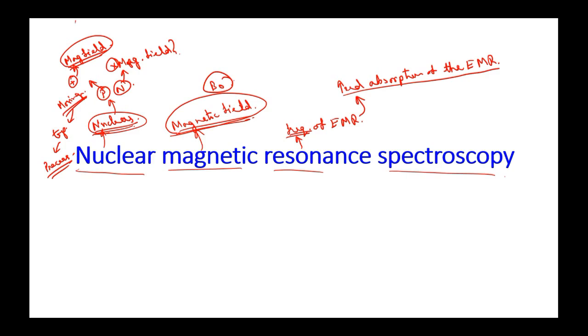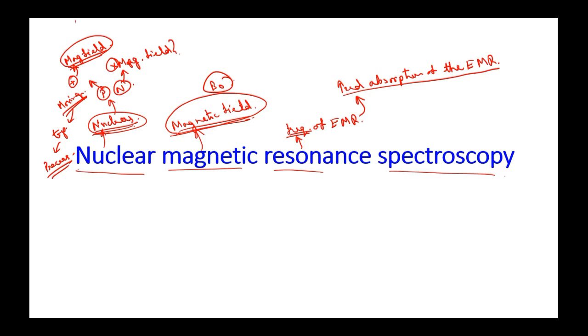Various chemicals have various chemical environments, and due to those variations there will be a difference in the magnetic field.